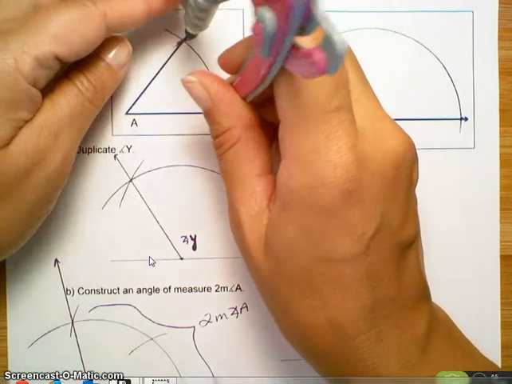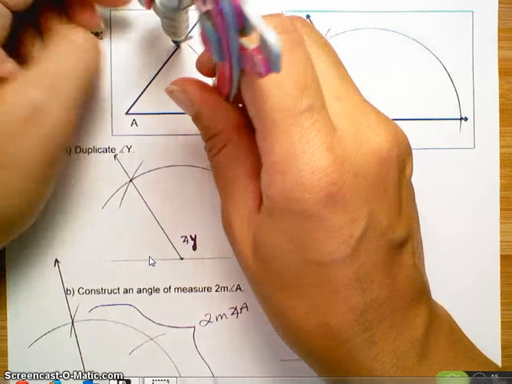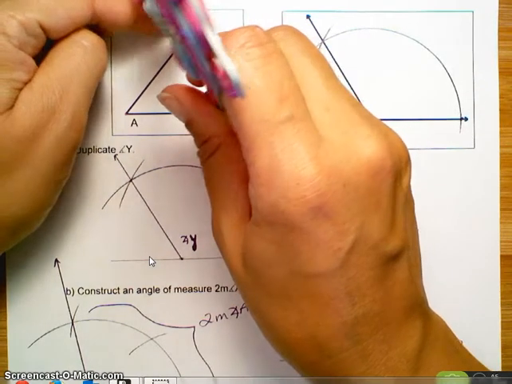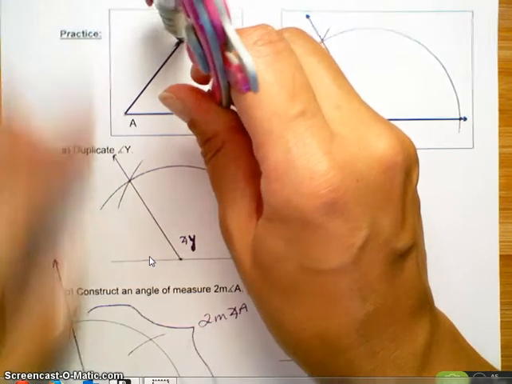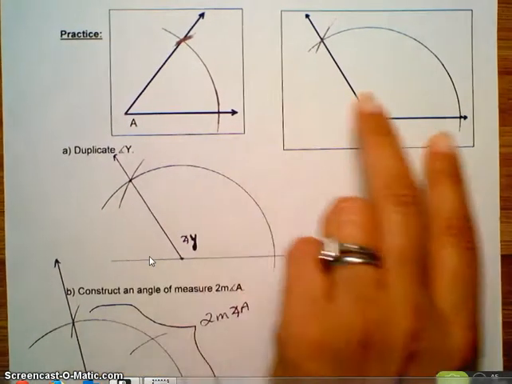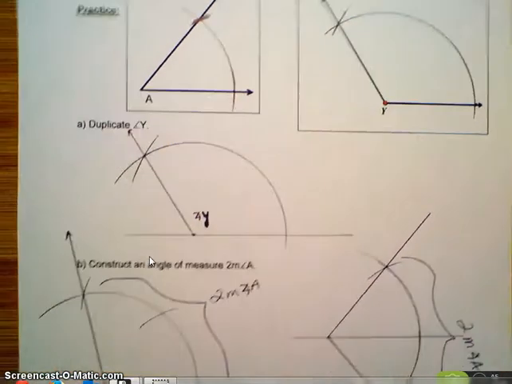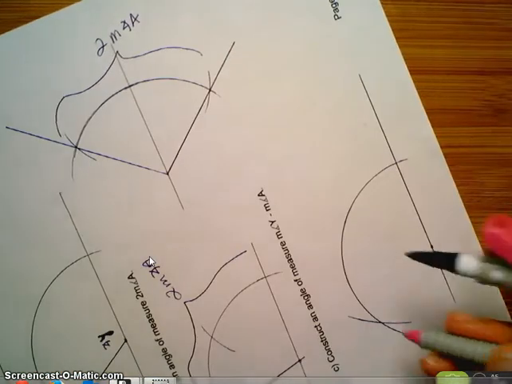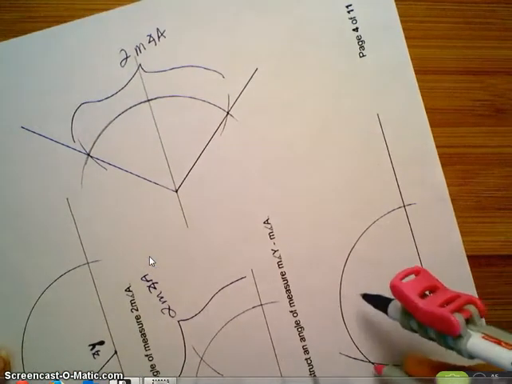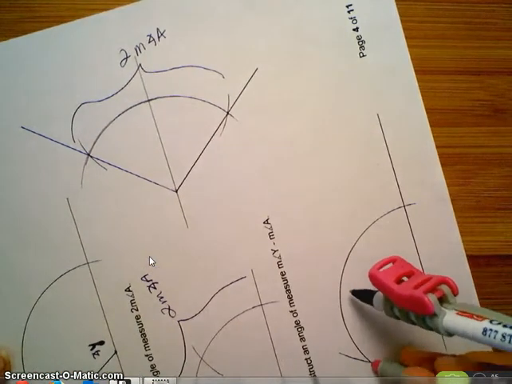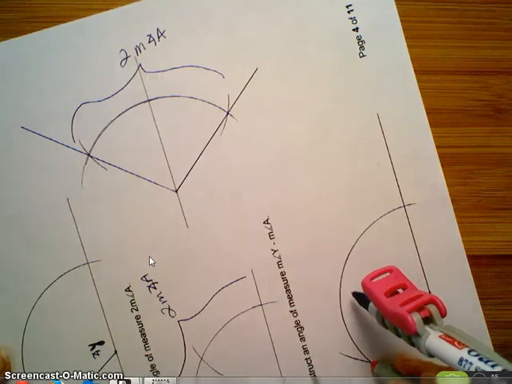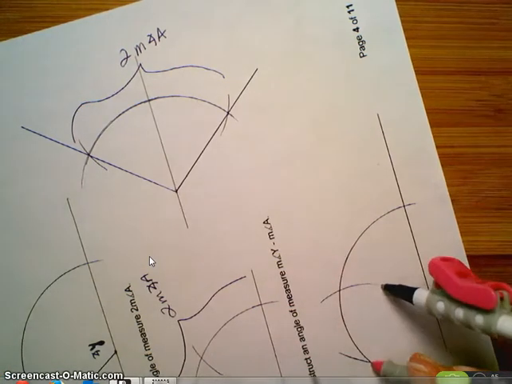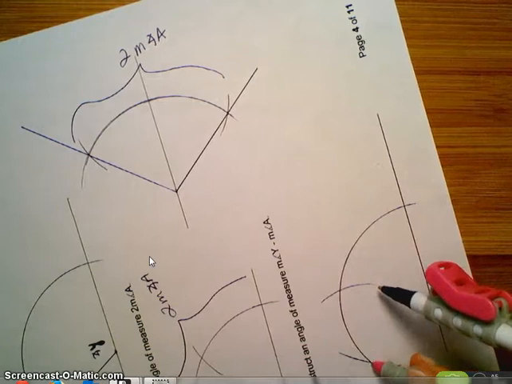Now, I only get to do this because both arcs on angle A and on angle Y are the same radius, both of these arcs. So I come back and I go ahead and I place my pointer on the intersection point, which would create angle Y, and I reach back and make an arc mark.